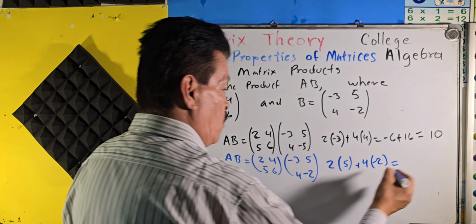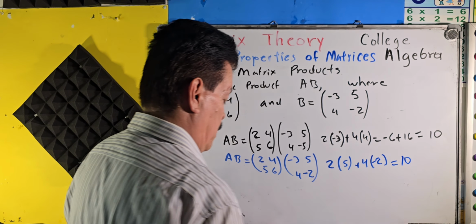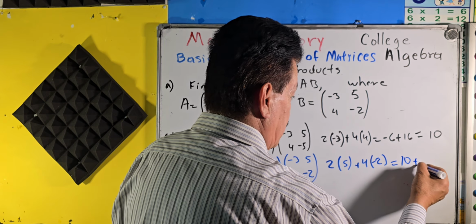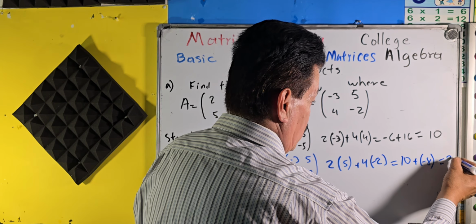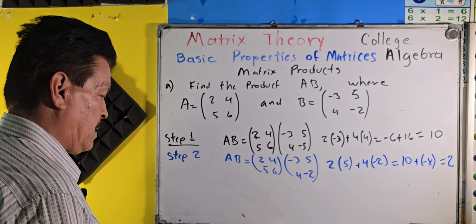That equals 10 plus negative 8, which is 2. That's step 2.